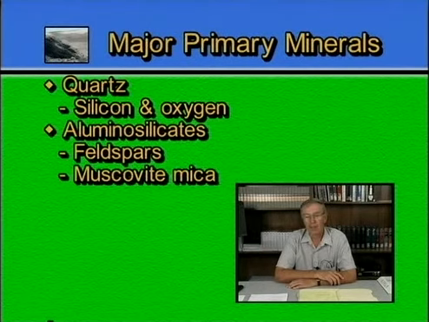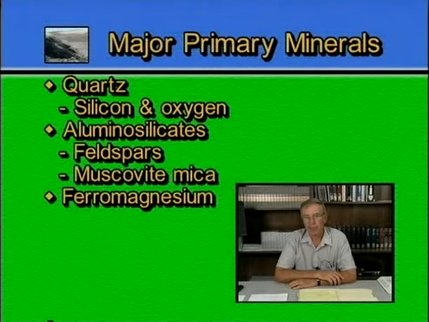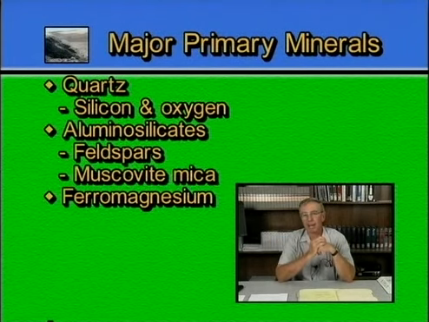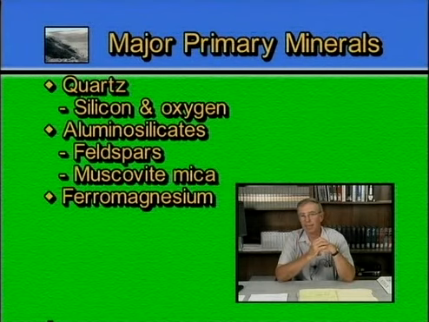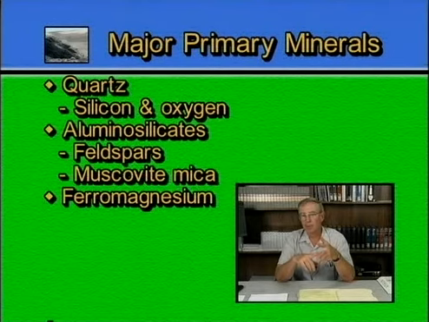The third and final group of primary minerals, major category, are called the ferromagnesium minerals. Well, the term ferro or ferrous comes from the element iron. And of course, magnesium comes from the element magnesium. So we can infer from the name of this group of minerals, ferromagnesium, that in addition to appreciable amounts of silicon, oxygen, and aluminum, these types of minerals will also contain substantial amounts of iron and magnesium.